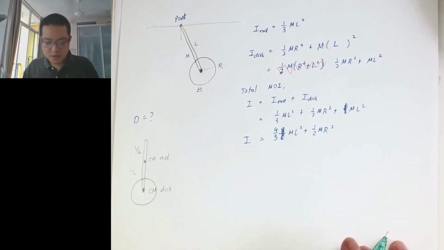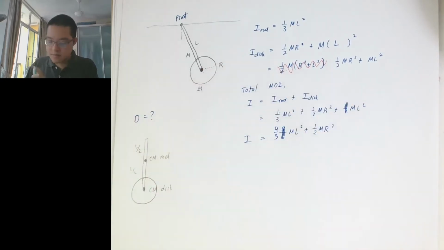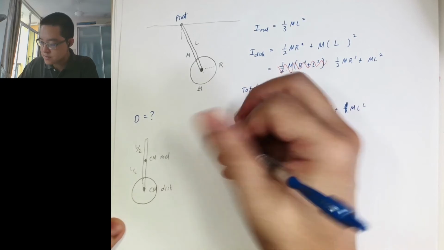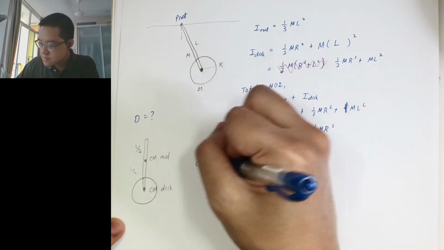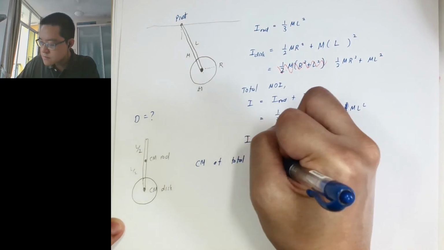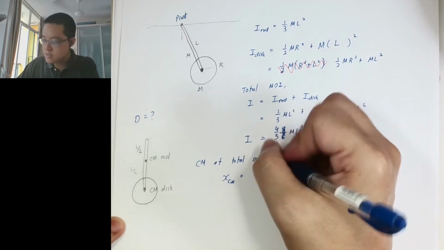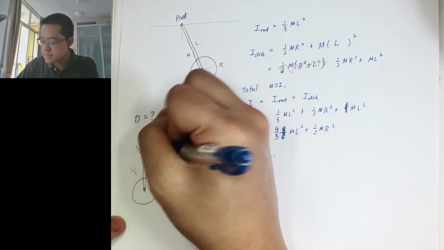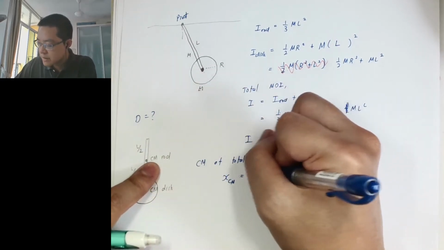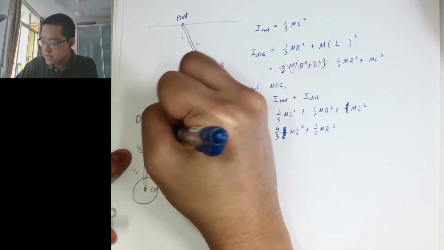Okay, so then I need to get the total center of mass of the system. So the center of mass of the total system is xcm, right? Remember the formula. It is the mass of this object. So the mass of the rod is m, and then the center of mass is, let's say this is my origin, right?